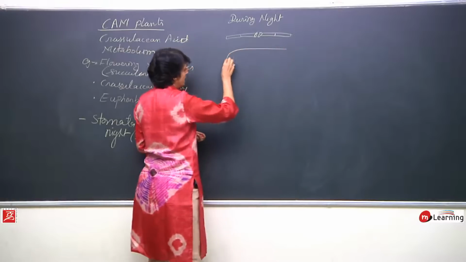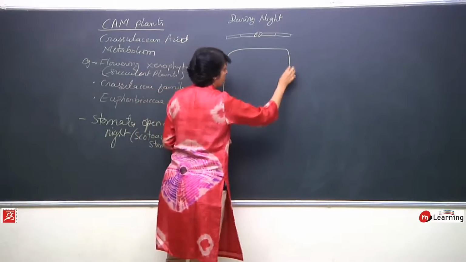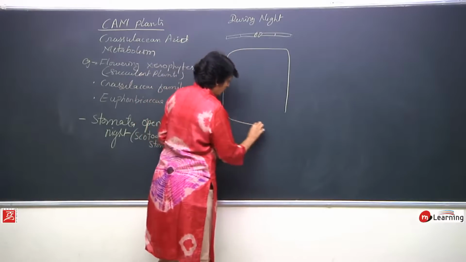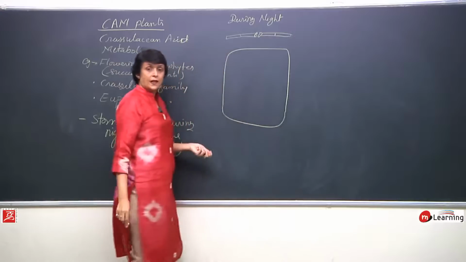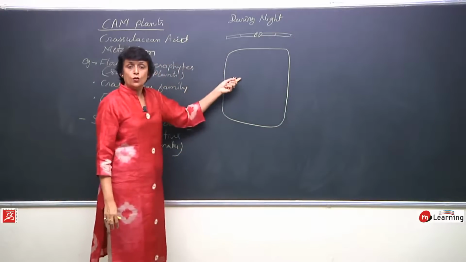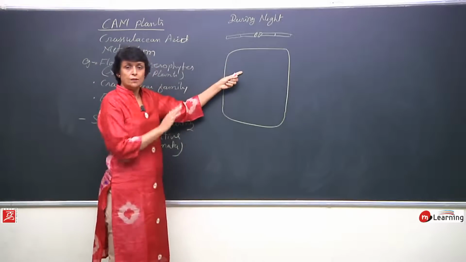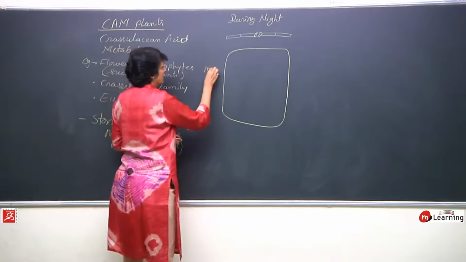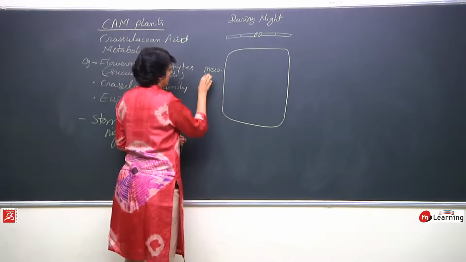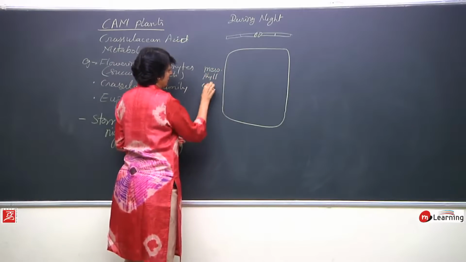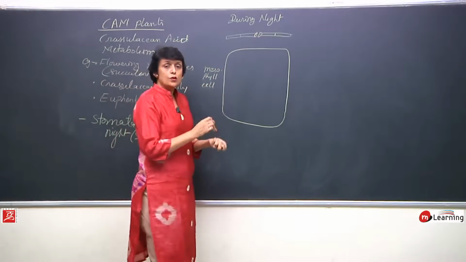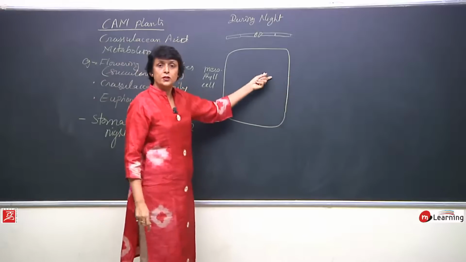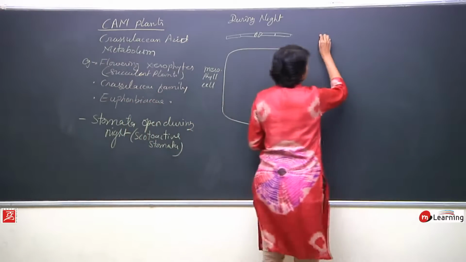And let us draw one cell here which is representing the mesophyll cell. So here chloroplast, everything will be in mesophyll, no change of site like C4 plants. So this is mesophyll cell. Let us also draw another situation which we would see during daytime.